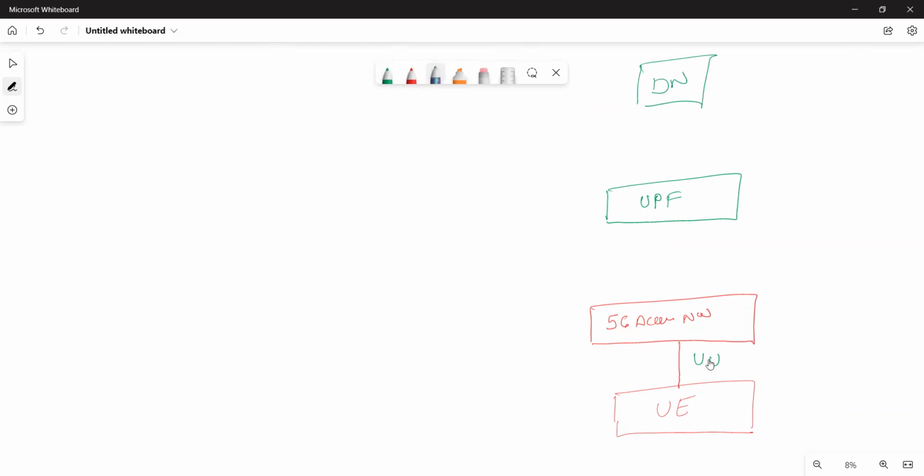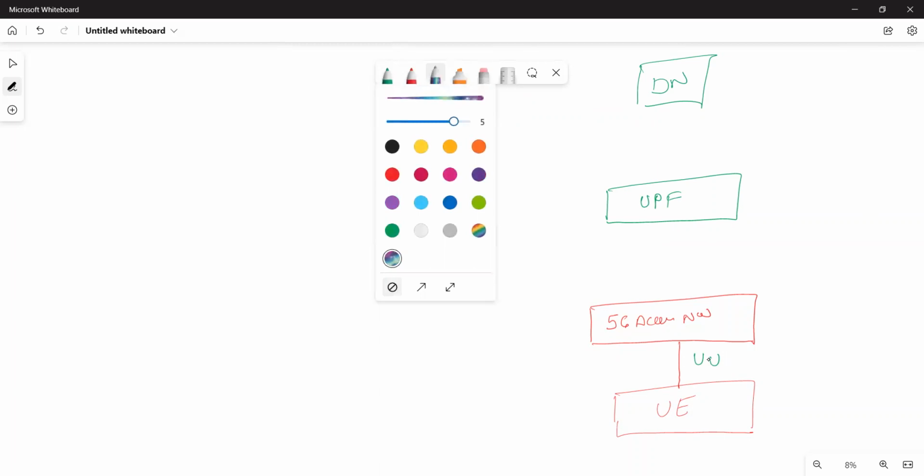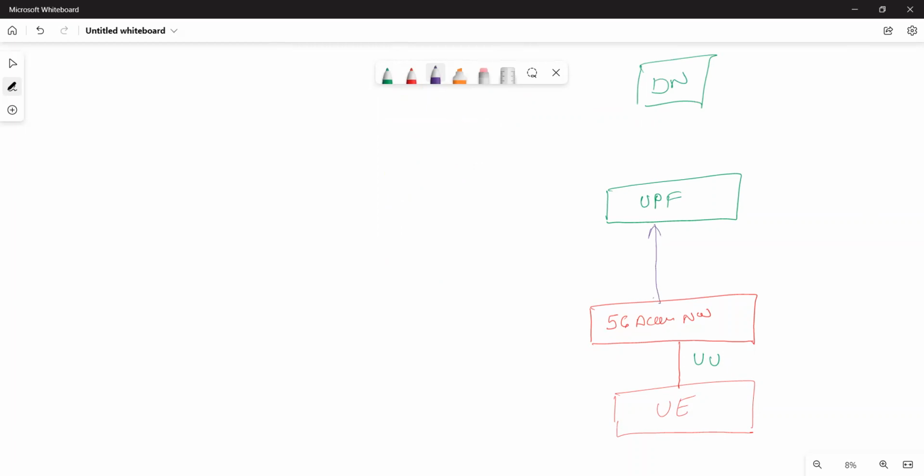Now we'll see what these interfaces are. I'm gonna take this blue ink. Between your 5G access network and UPF, you have the N3 interface. And then between UPF and data network, you have the N6 interface.